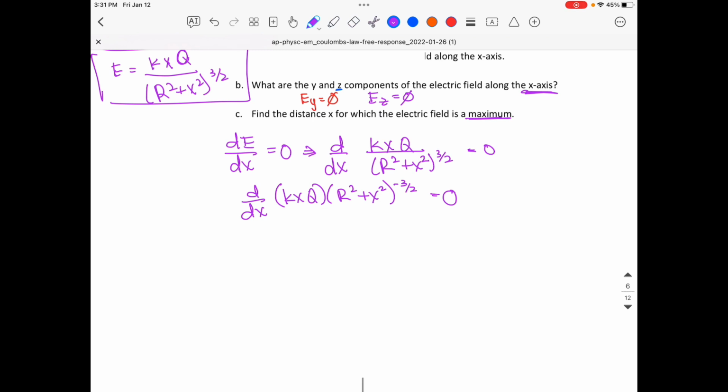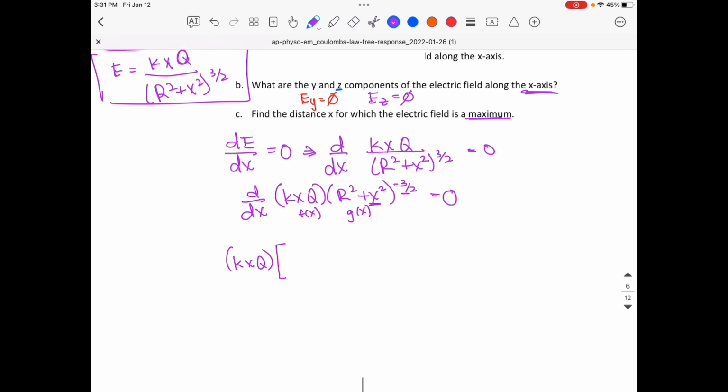The derivative when you have an initial function multiplied by a second function is the initial function times the derivative of the second function. And I want you to notice that this is a function of x within a function. So I'm going to take the outside function first.